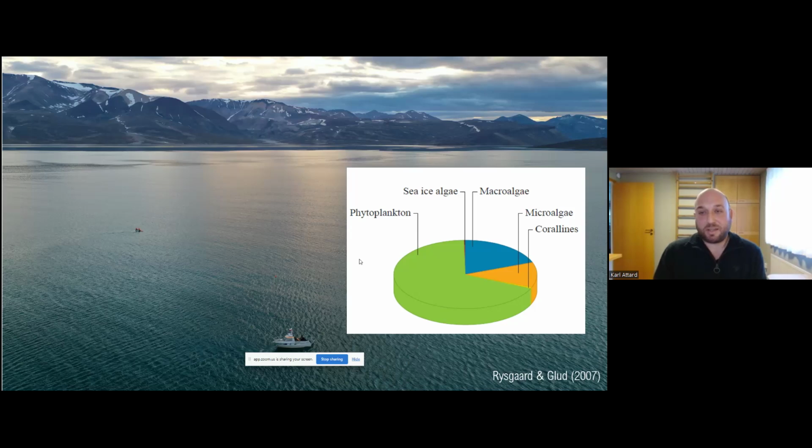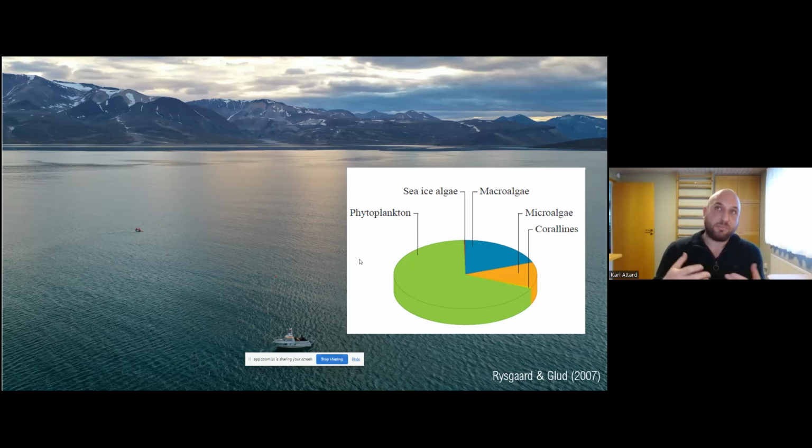But you can see in this case, for instance, in this study by Sejr and Rysgaard, that the benthic primary producers, so the macroalgae, microalgae, and to a smaller extent the corallines, can constitute a substantial proportion of the total primary production in this outer fjords area.